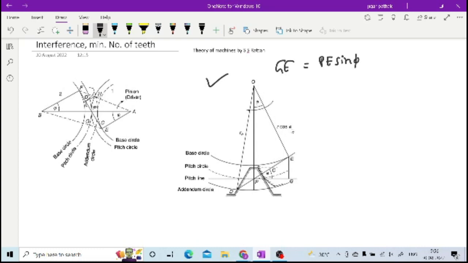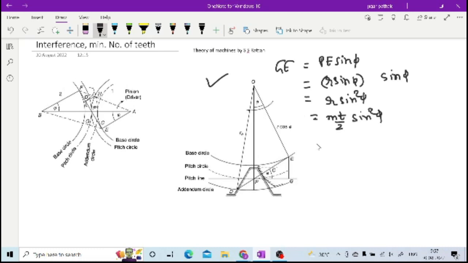As here it is R cos phi, here this PE is given by R sine phi. So you can write this PE as R sine phi, right? And again that sine phi was there. So what you are having, GE is R sine square phi, and R is nothing but MT by 2, right? As we have written, MT by 2 sine square phi, that is GE, right?